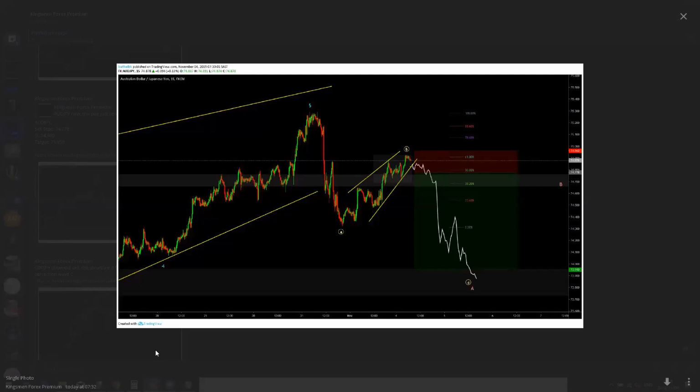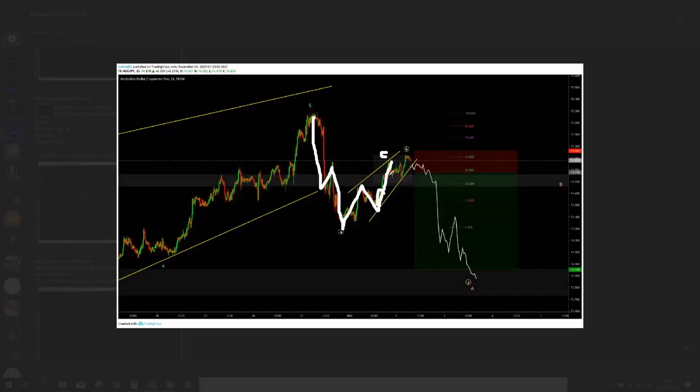Because this is moving in what looks like a diagonal, we are waiting with a sell stop. It has made 1, 2, 3. It might be 1, 2, and 3, but it looks like the wave C is moving in 5 waves. Let me use a different pen. It's moving in 5 waves.